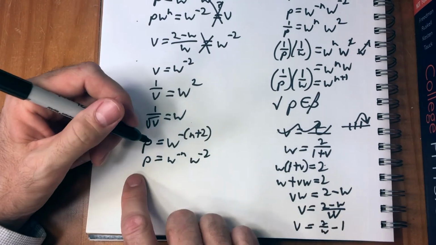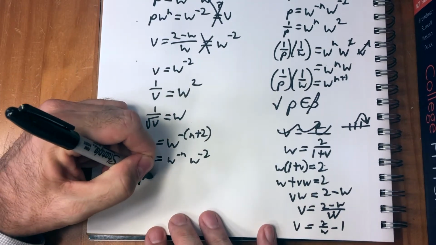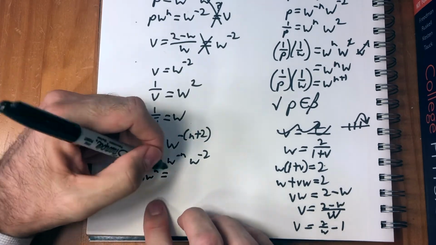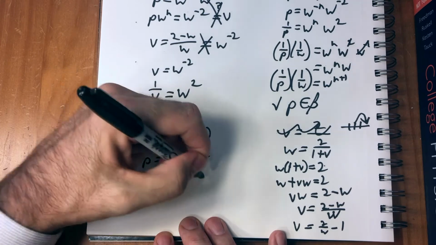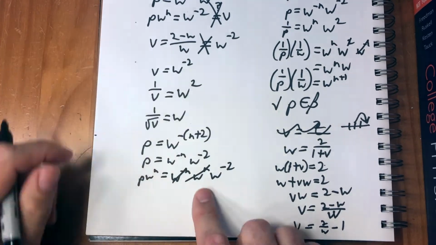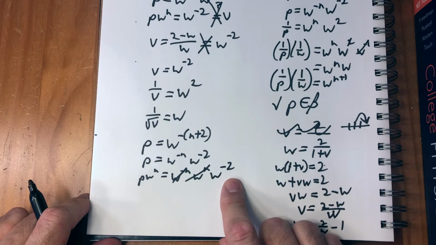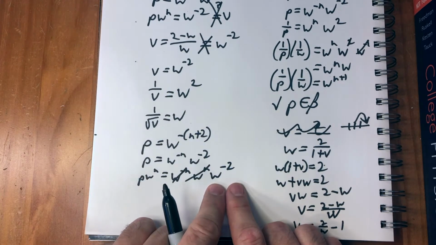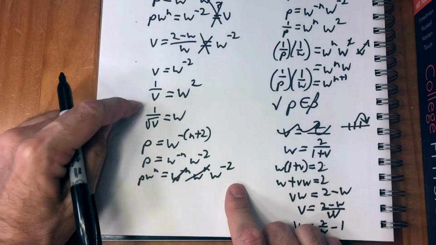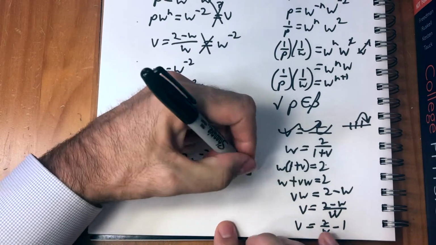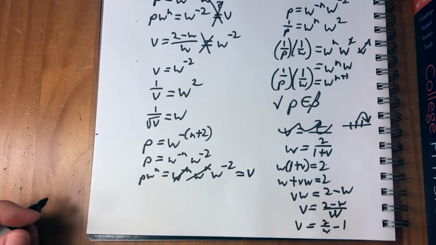Then if we multiply both sides by w to the n, we get p w to the n equals, these cancel, w to the minus n, w to the n. Those cancel and we end up with w to the minus 2. And we defined w as 1 over the square root of v, which means that v equals this. This is v.